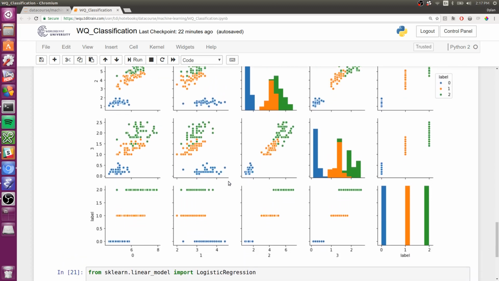Let's actually only fit our model to features 2 and 3, and then we'll look at where the decision boundaries come up. So the decision boundaries are the boundary lines that will dictate where we separate observations into separate categories.